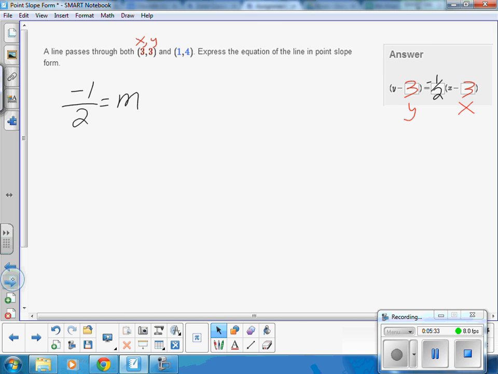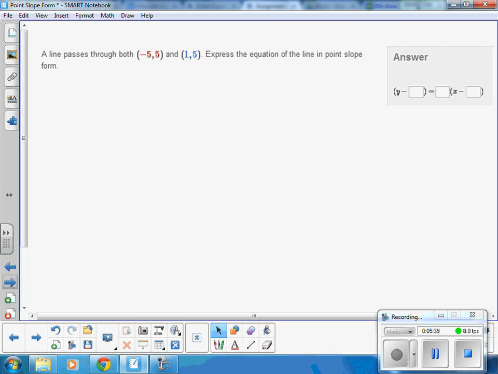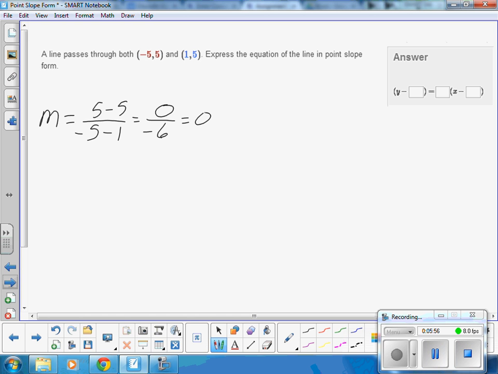Let's take a look at the next problem. Same thing. First, I'm going to find my slope. So m equals y minus y, that's 5 minus 5 over x minus x, and negative 5 minus 1. I get 0 over negative 6, which is equal to 0.